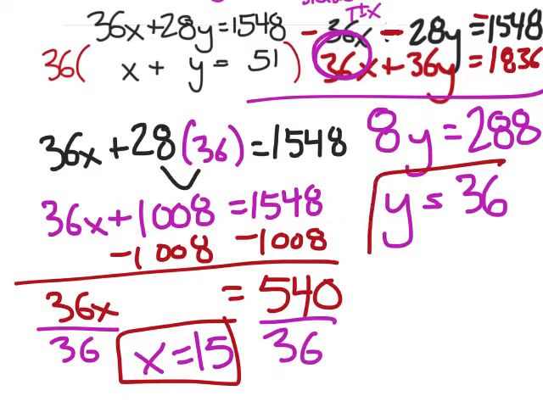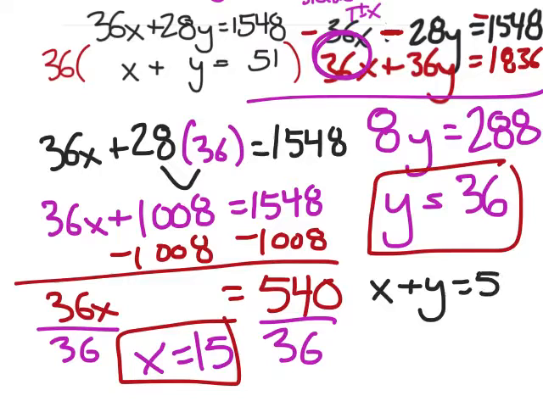So we have an x and a y value. Let's go ahead and just check that. I'll use that bottom equation. X plus y equals 51. But of course I need to replace the x and the y with those values. I got 15 plus 36 needs to equal 51. And as it turns out, it does.